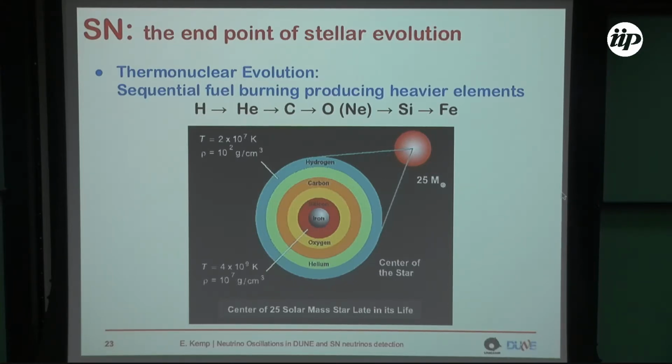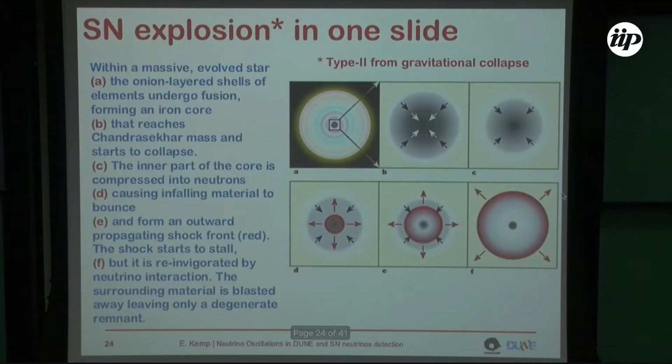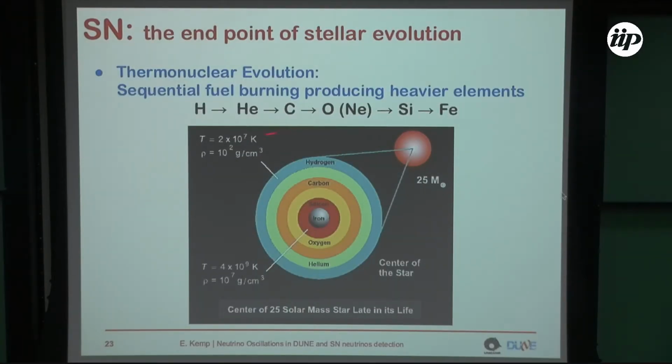So you start to fuse hydrogen into helium, and then you burn helium to form carbon, and then oxygen, silicon, and then iron, and you cannot go further because iron is the nucleus that has the most binding energy. So a process to fuse another heavier element would be endothermic, and then it's not favorable, it will absorb energy, and it's not possible to do that.